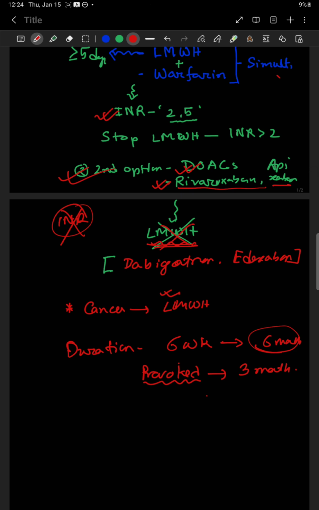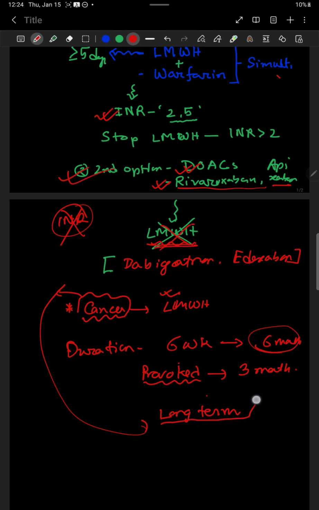And if there is any risk factor like cancer, it can be long term treatment, not specific to any timeline. And there may be a need to treat those provoking causes like cancer.